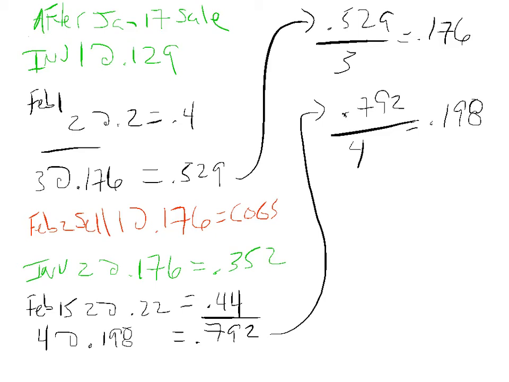All right, and now I'm going to have to add another slide, and so we'll continue the same problem on the next slide. So now our carryover inventory from the last slide is 4 items, and their average cost is 0.198, and so their total inventory value at that moment is just over 79 cents.